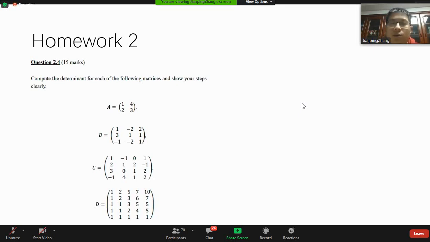And you can also use row operations to transform it to a triangular form and multiply all the diagonal values. It's up to your choice, but make sure that each step is correct and won't make any mistake. Otherwise, your results are wrong. So make sure of each step. And be careful, yeah.